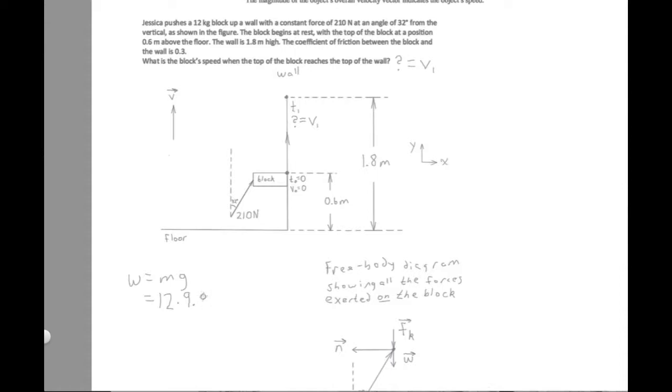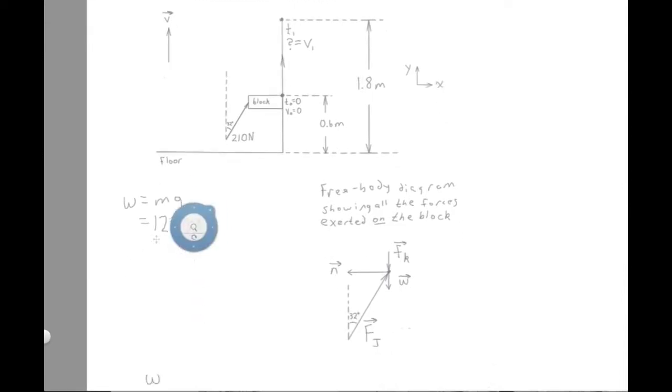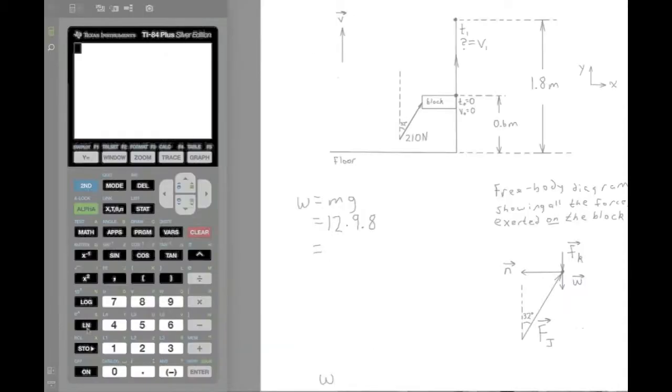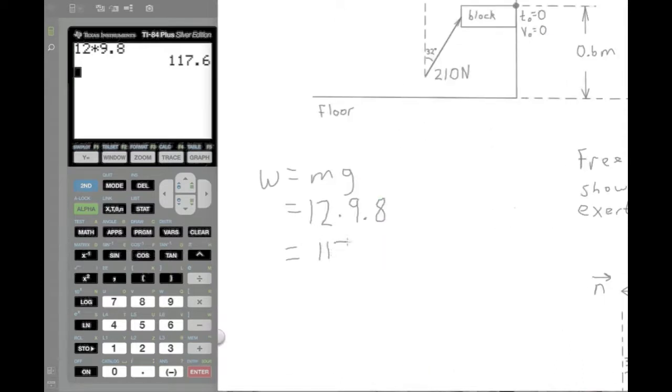Of course, we always plug in a positive number for little g, because little g stands for a magnitude. The magnitude of the acceleration due to the Earth's gravity. Now we can do our calculation. 12 times 9.8. That comes out to be 117.6. Make sure you put the units on that.